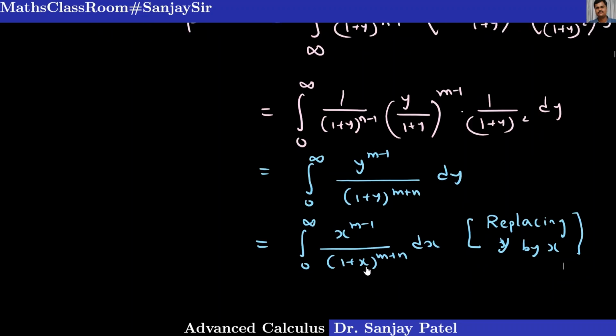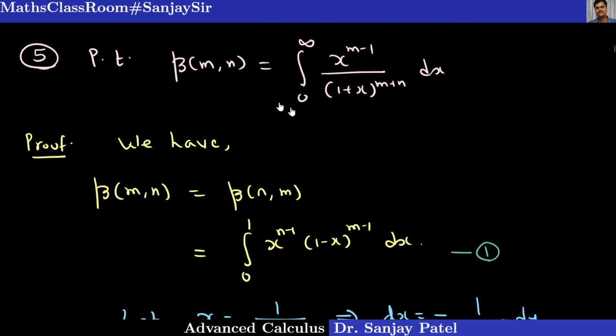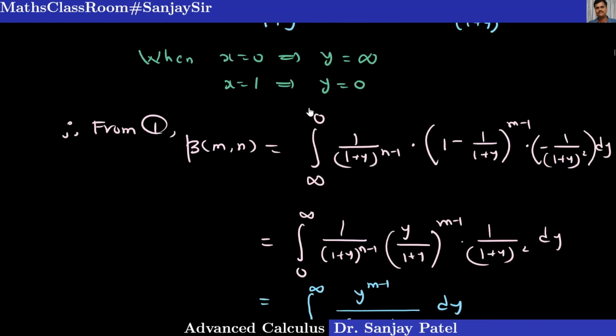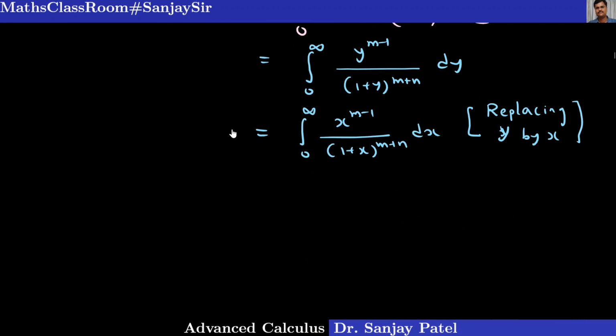So we have proved that beta of m comma n equals the integral 0 to infinity of x raised to m minus 1 upon 1 plus x raised to m plus n. Hence the theorem is proved.